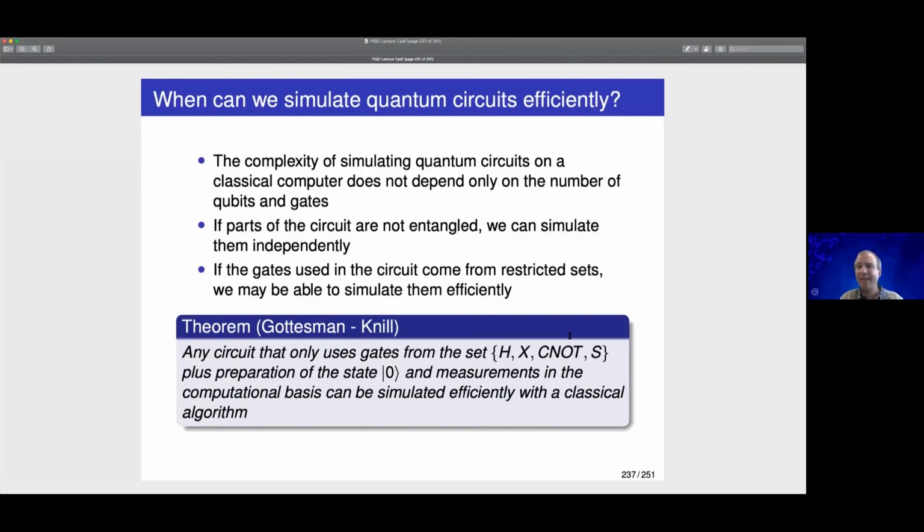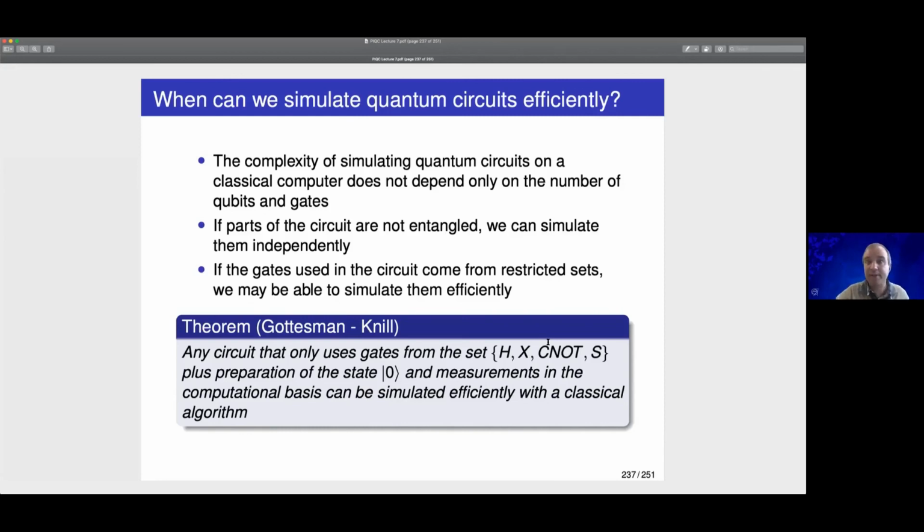So each of the states that you reach with the application of these gates can be defined uniquely with a polynomial number of stabilizers, of these Pauli tensor products, and then you operate with that representation. And it's incredible that, even if you have a highly entangled state, I will show you an example in a minute, you can simulate the circuit classically. So you need to be careful about that.